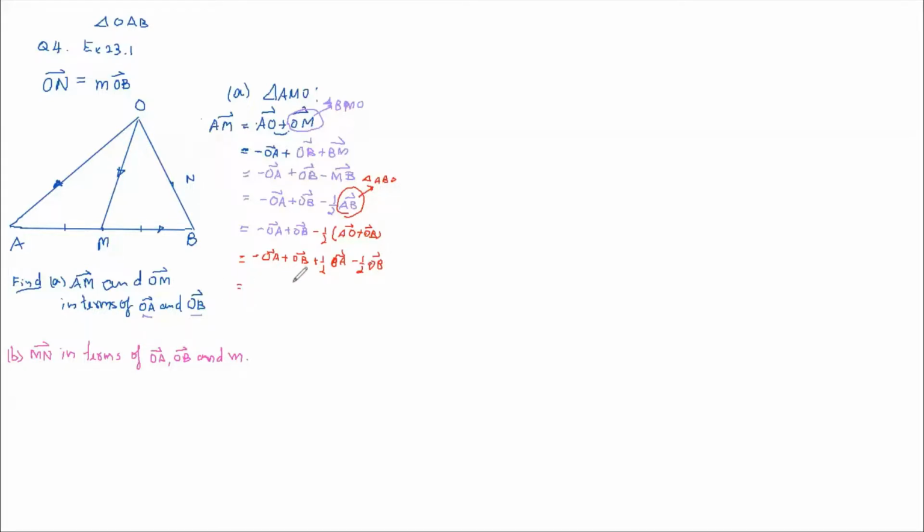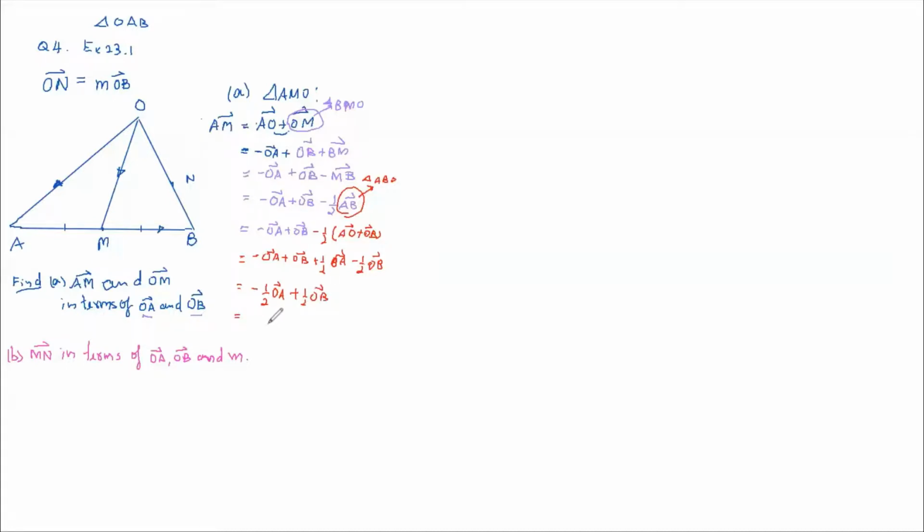Then you can simplify now. Minus vector OA and plus 1/2 OA. What we left is minus 1/2 OA. And this OB combined with this one becomes plus 1/2 OB.